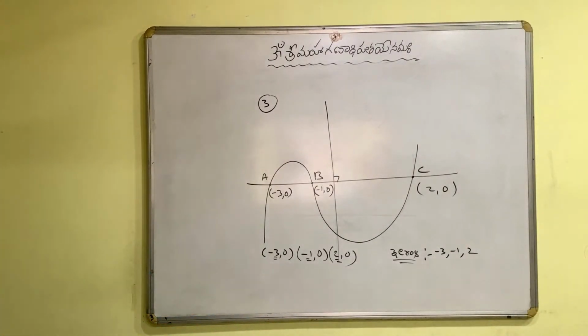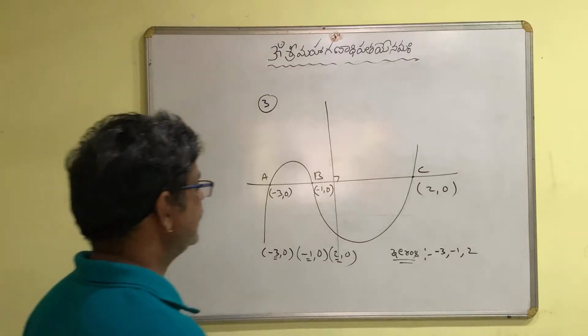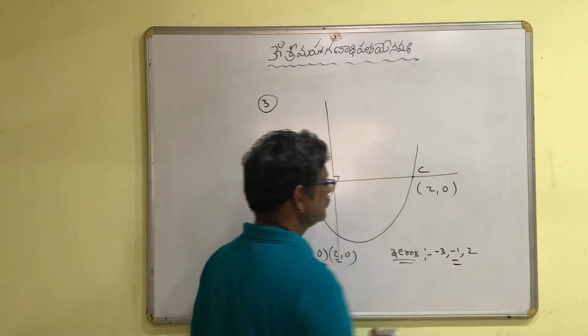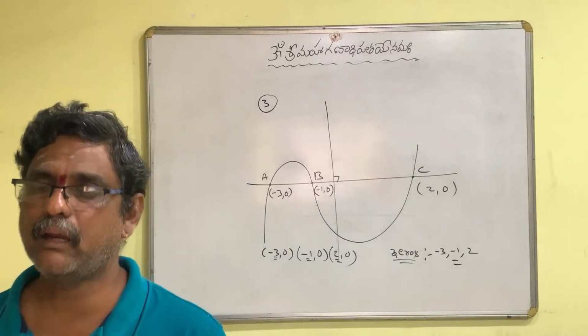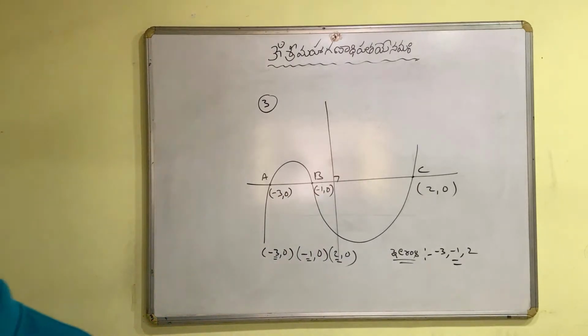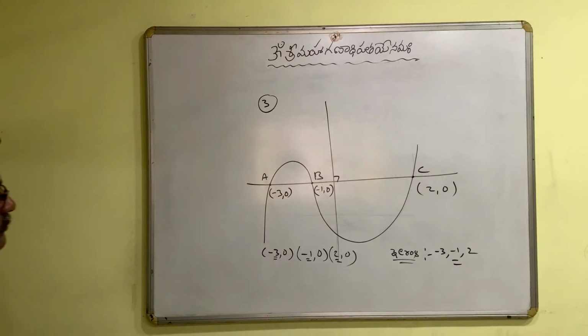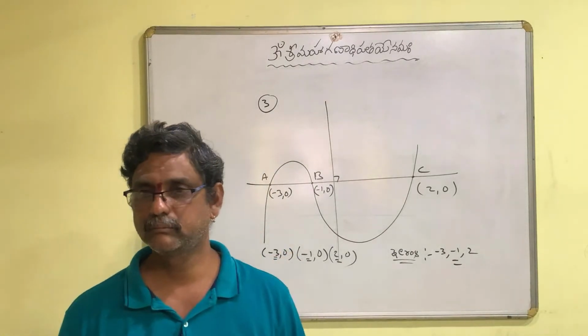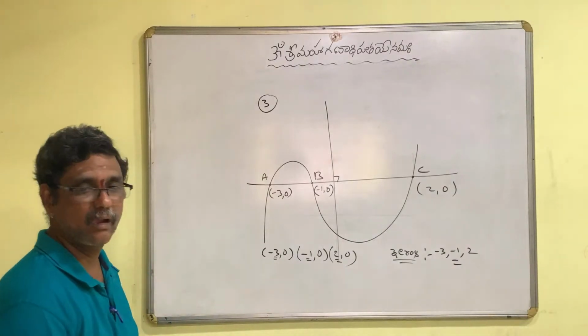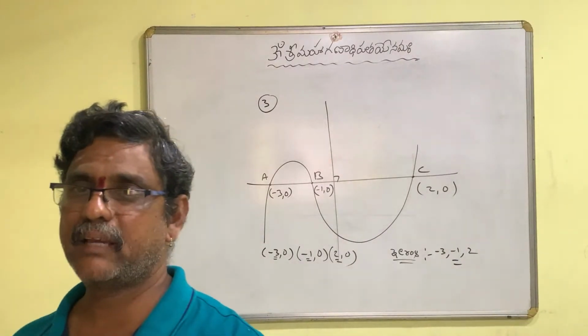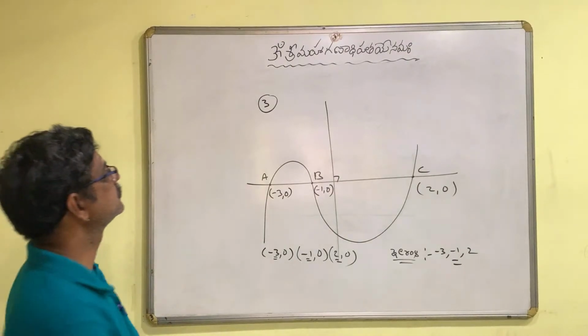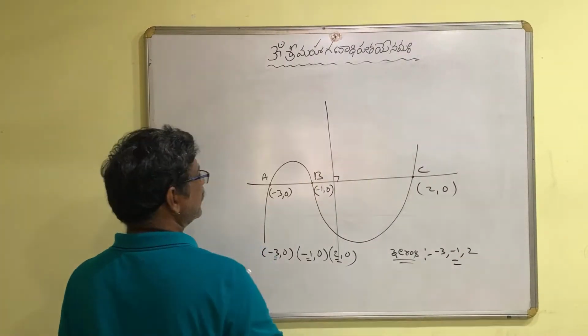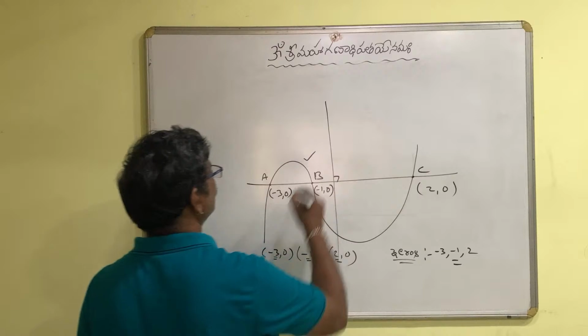Next question. Find the polynomial. If these three are the zeros, how can we find the polynomial? We know the zeros. Can we find out the polynomial? -3, -1, 2 are the zeros of this particular polynomial.